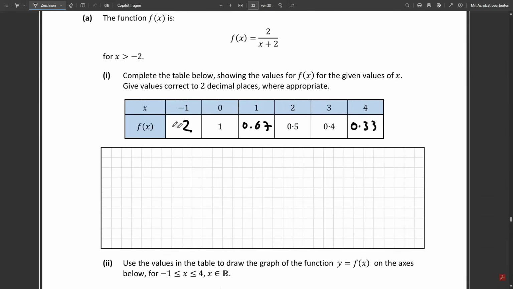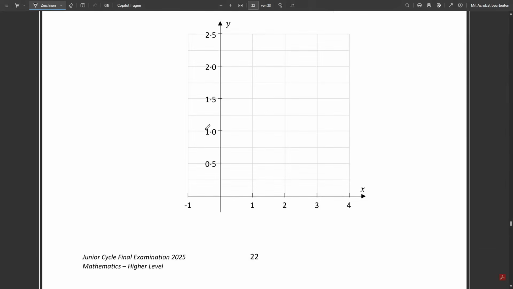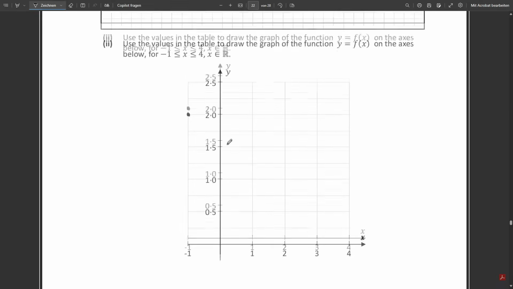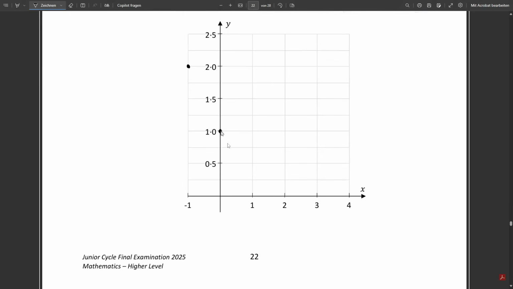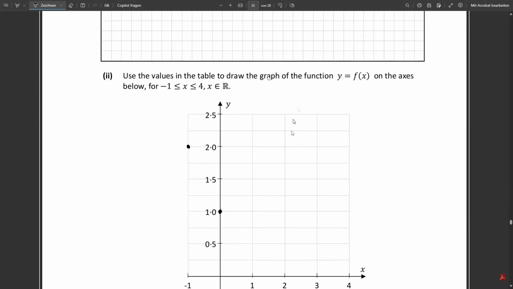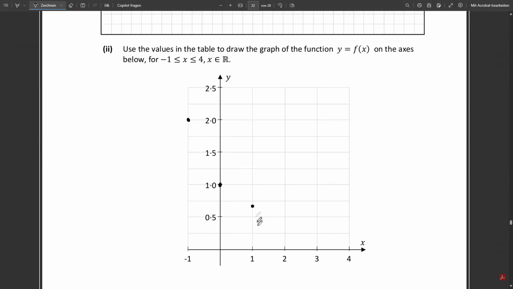And then we're asked to draw this. So when x is minus 1, y is 2. So at minus 1, we have 2 up here. And then when x is 0, f of x is 1. When x is 1, it's 0.67. So here's 0.75, so 0.67 might be here. You can do it a bit better with your ruler to figure out the differences, but it doesn't really matter. 2 gives us 0.5.